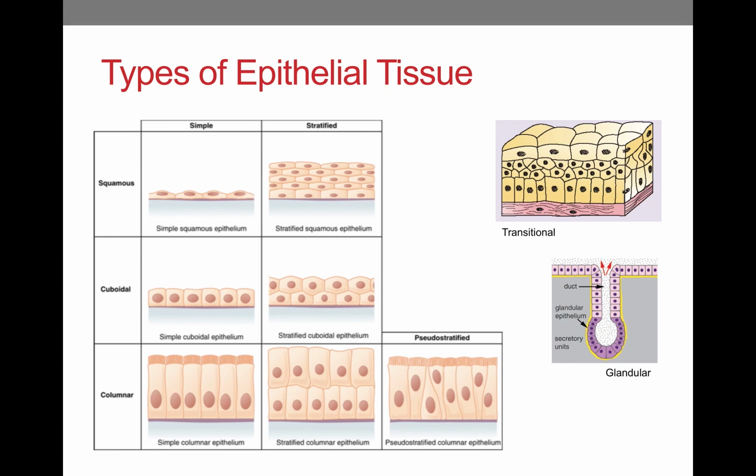One interesting type of epithelium is pseudostratified columnar epithelium. You can see here pseudostratified means it looks like it's stratified, but it's not. It appears to be stratified because the nuclei are at all different layers. However, if you trace these cells, you can see that the same cell touches the basal layer as does the apical layer.